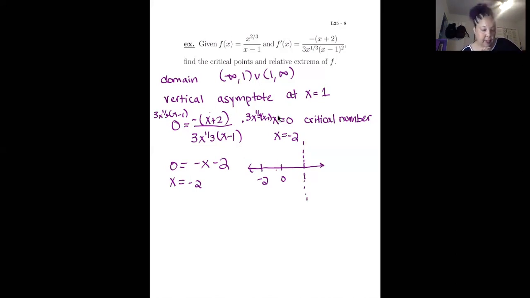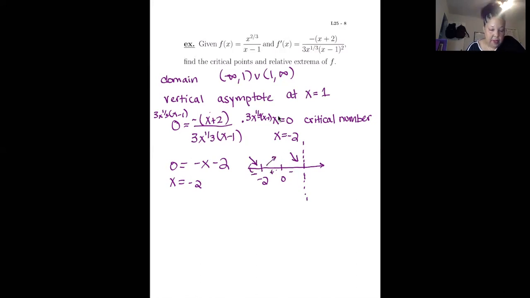All right. Now, if I plug in something negative, say negative 3, I'm going to get something positive in the top, and I'm going to get something negative in the bottom. So I'm going to be decreasing on that interval. If I plug in something between 0 and negative 2, then I'm going to get something that's positive. If I plug in something less than 1 but greater than 0, I'm going to get something negative.